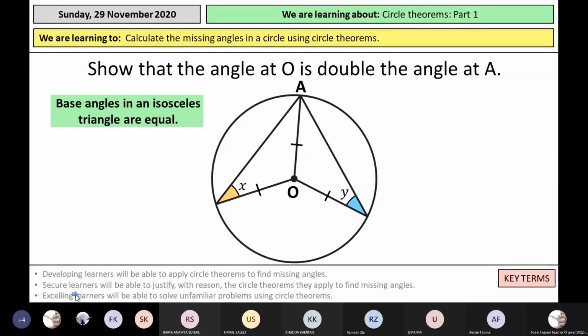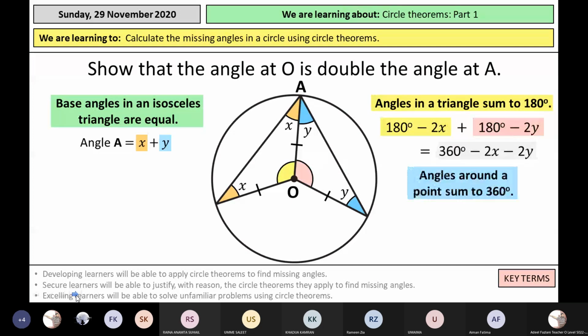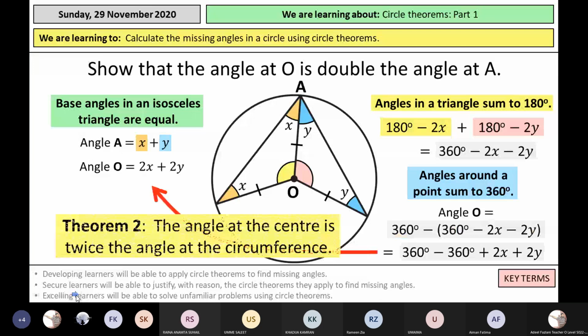The angle at the center is twice the angle at the circumference, is a property. Excellent. You have reached the actual property which is going to be taught now. This is the proof of the base angles in the triangles, and we are again moving towards the property that the angle at the center is twice the angle at the circumference.